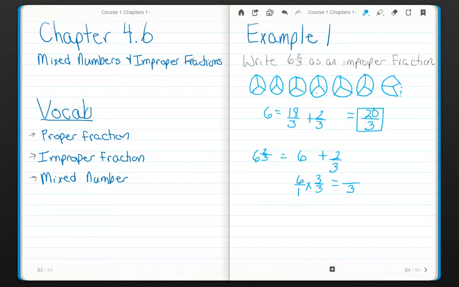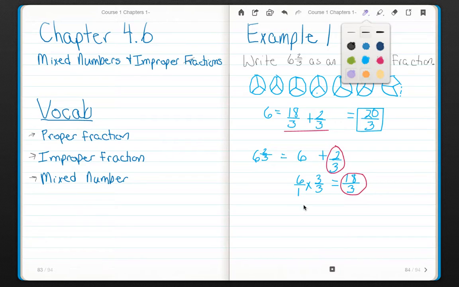Multiply by 3, 6 times 3 is 18. So I have, again, 18 thirds plus 2/3. I take this 18 thirds and this 2/3 and add them together to get 20 thirds.